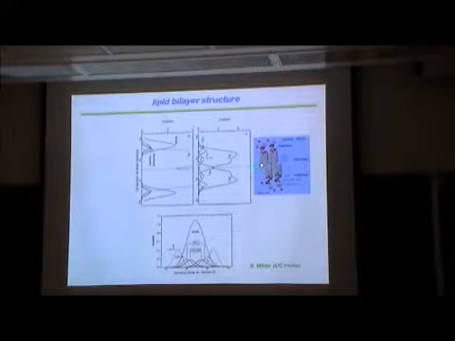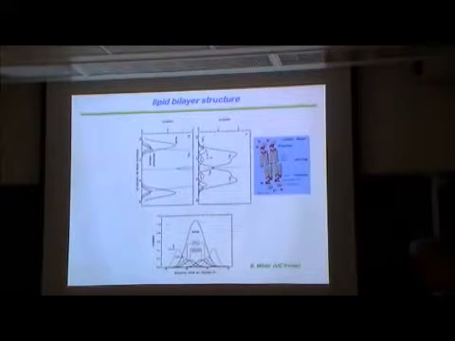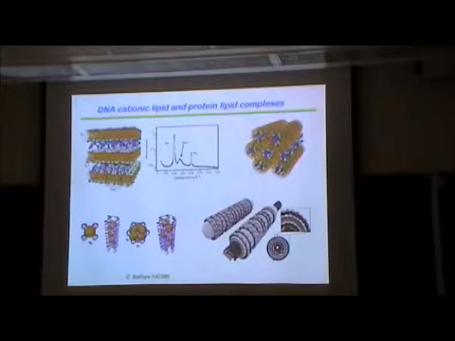You distinguish the CH3 from the CH2 by doing selective deuteration in neutron scattering experiments. So by scattering, you can really quantitatively characterize the structure of these lipid bilayers.